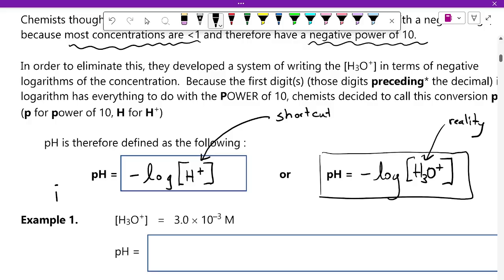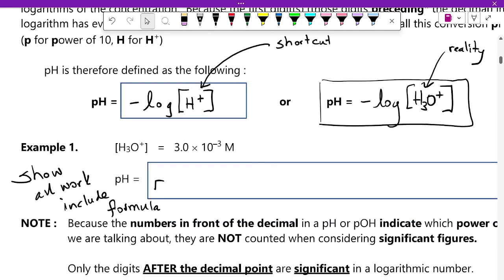So if you're going to be doing a pH calculation, you should show all your work. And that includes the formula. So if we're calculating pH, we say pH is equal to the negative log of hydrogen, and that is equal to the negative log.